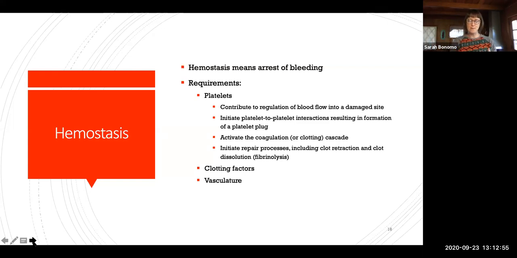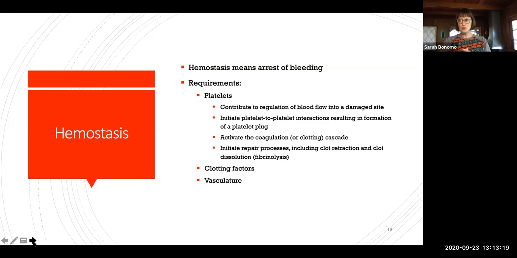Platelets, remember, are going to help regulate the blood flow in a damaged area. They're going to form a platelet plug. They essentially get very sticky. They'll stick to the endothelial lining of the vessel wherever the injury is, and then they'll start to stick to each other and make a perfect little plug.